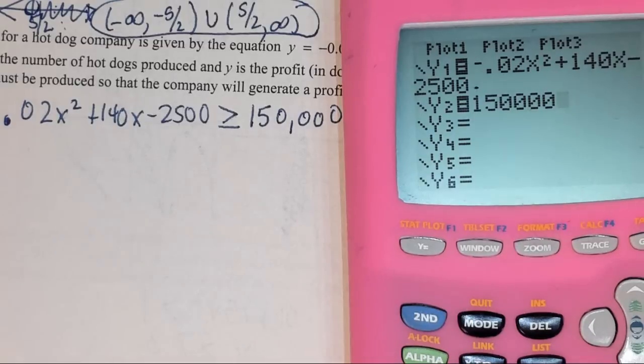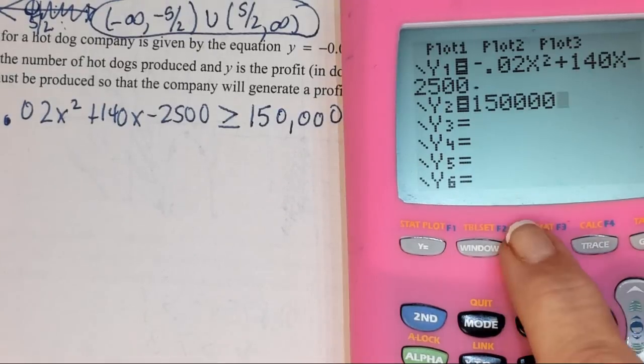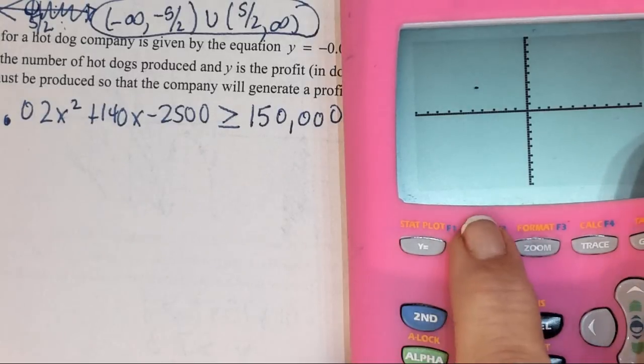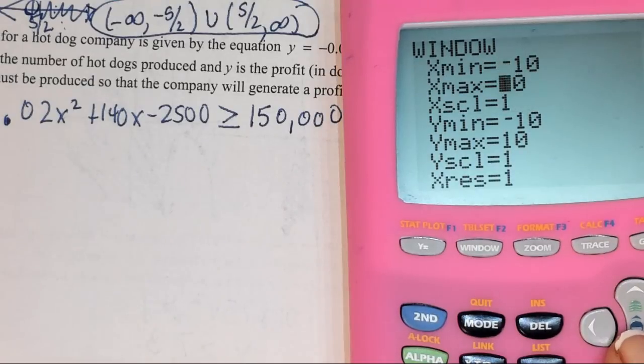Now think about this, guys. If I just do a Zoom 6, I'm not going to see anything. I'm not even going to see the parabola. So I've got to adjust this window. I know the x max is going to have to be more than 10. They're not going to sell 10 hot dogs and make much of a profit.